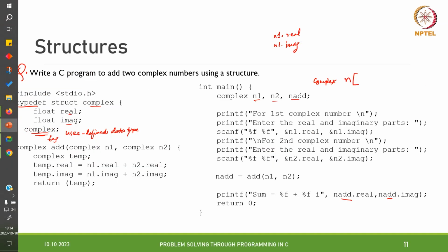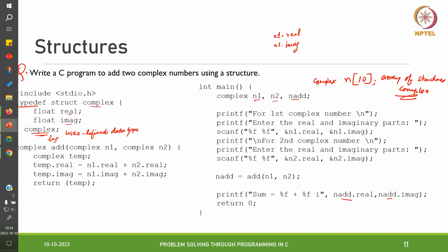If it is an array of structures, say I define an array complex of size, number of elements 10, that means it will define an array of this particular structure, which is complex.